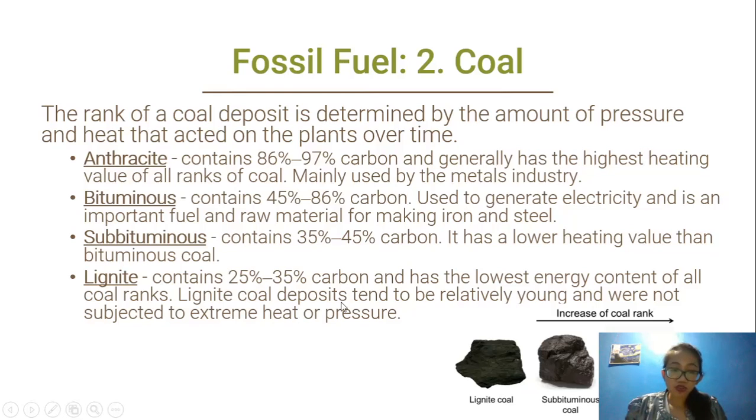Okay, so lignite coal deposits tend to be relatively young and were not subjected to extreme heat and pressure. This is very different from charcoal. Charcoal has been processed recently. It's just wood that has been charred a little and then sold to us, but coal has to come from millions of years ago and then be subjected to heat and pressure to form this concentrated carbon.